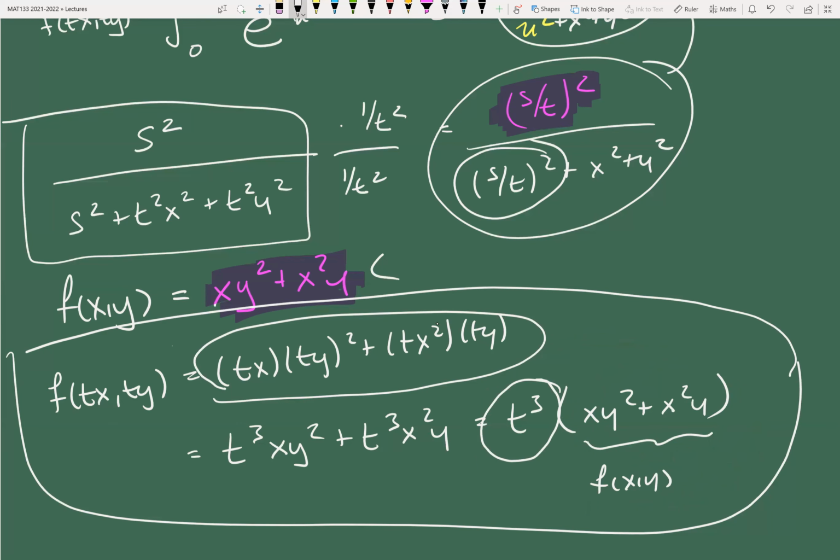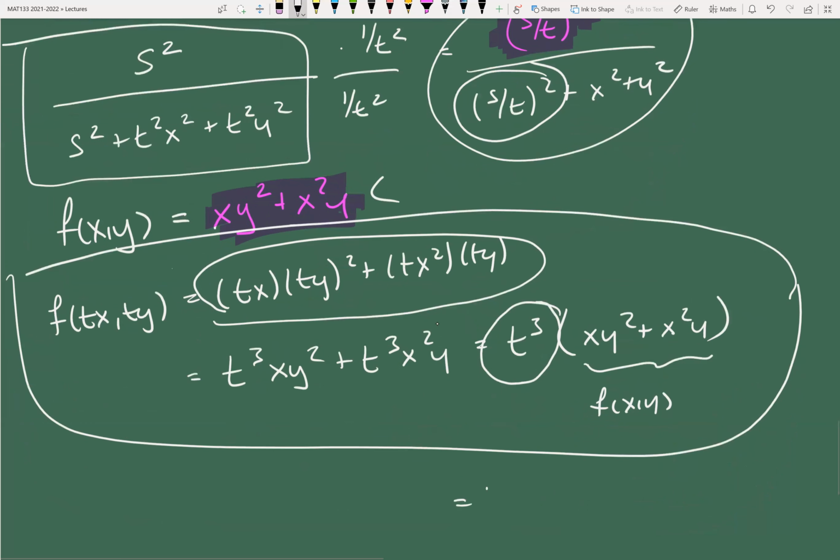And this is how you show that a function is homogeneous. So you put the t's in, then you do a substitution so that they come out, and what you're left with is just the original function again. Yes, the substitution is effectively what's going to let you pull the t's out.